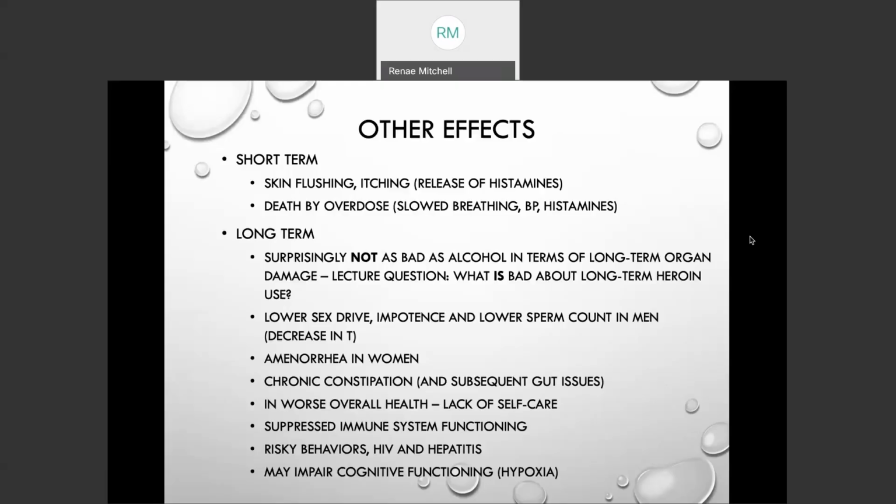Another short-term effect would be skin flushing or feeling an itchy sensation across the skin, and this is due to a release of histamines as a result of consuming opioids.